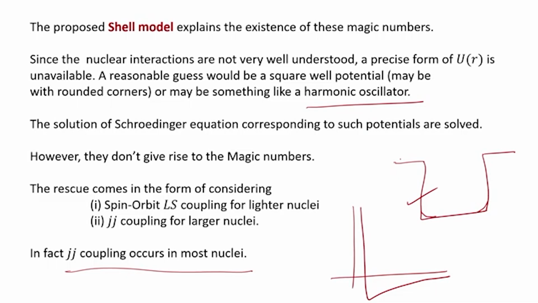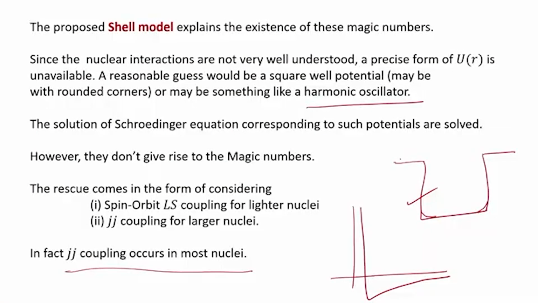The LS coupling arises when you take the rest frame of the electron, and the proton is moving around it, because the nucleus is charged with the charge of a proton. A moving charge is like a current, and so the electron actually experiences a magnetic field due to this current, and the spin of the electron couples with the magnetic field via Zeeman coupling.